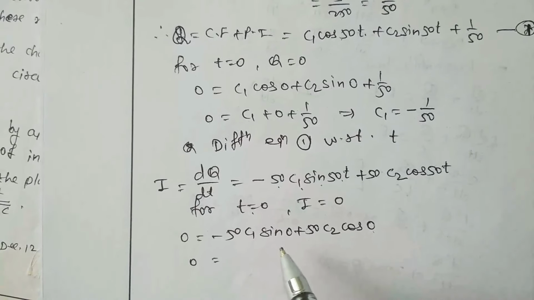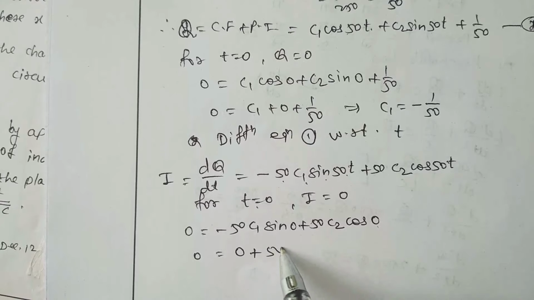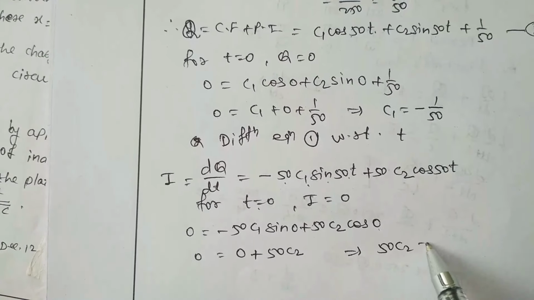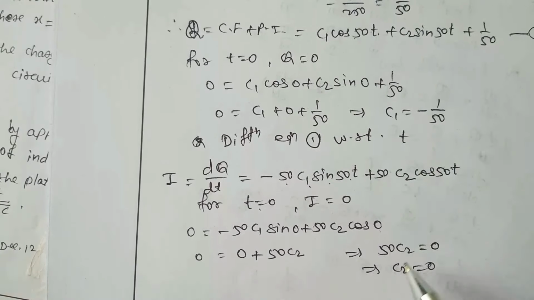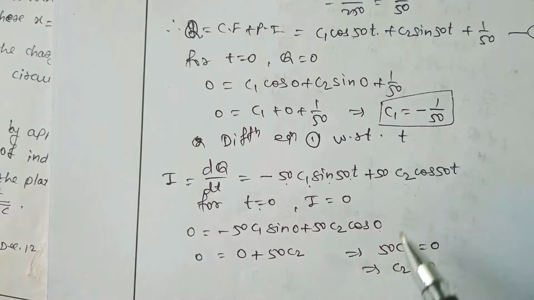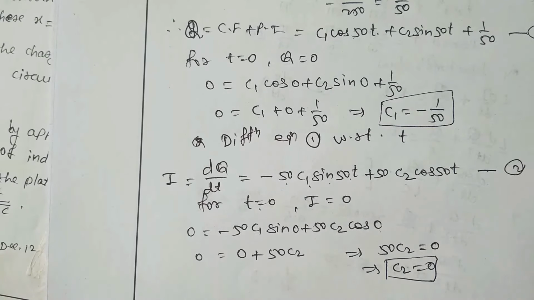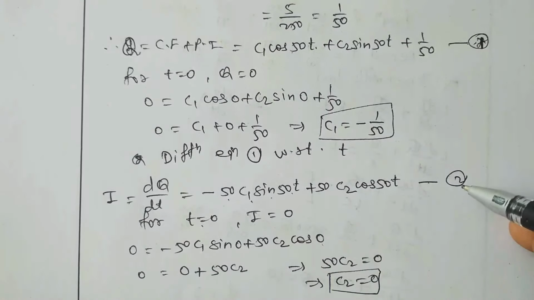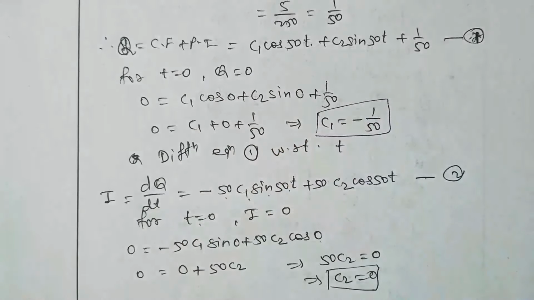So 0 equals, sin 0 is 0 so the first term becomes 0, plus 50 C2 cos 0 which is 1. This implies 50 C2 equals 0, so the value of C2 is also 0. So we have the value of C1 and the value of C2. Put these values in equation number 1 and equation number 2 to get the values of q and I.